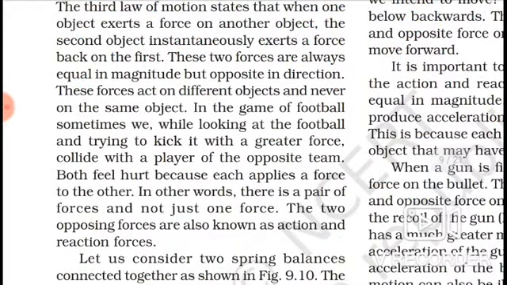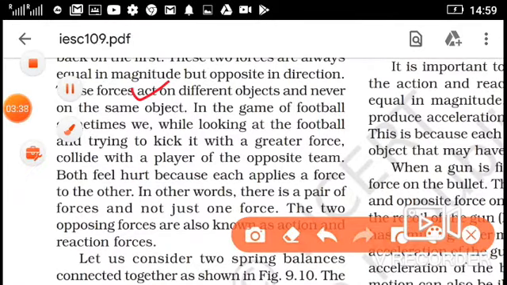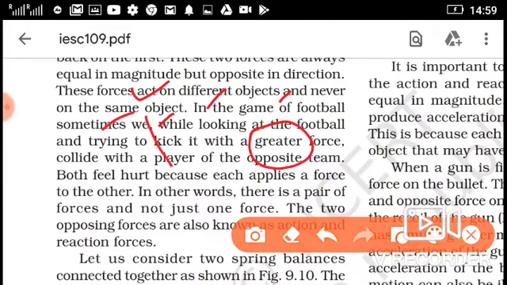These forces act on different objects. This is a very important point. These forces act on different objects and never on the same object. For example, if this is a football and you hit this ball with your leg, there are two objects, one is the football and second your leg.